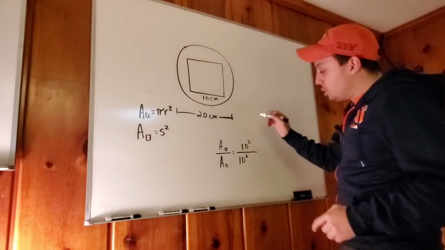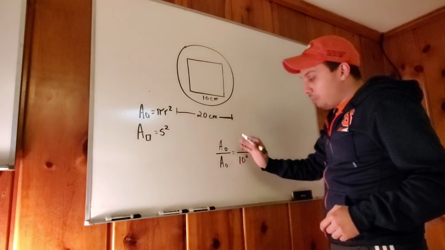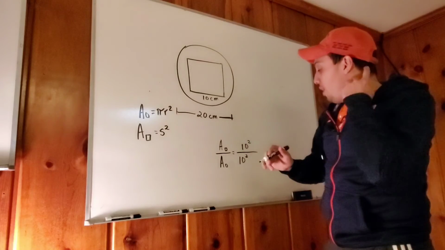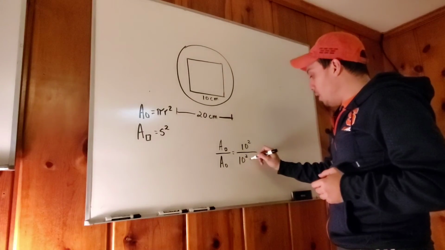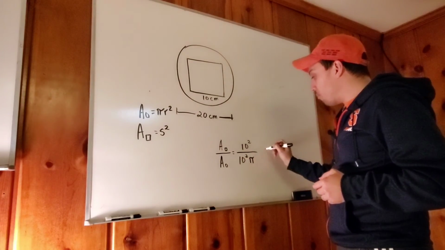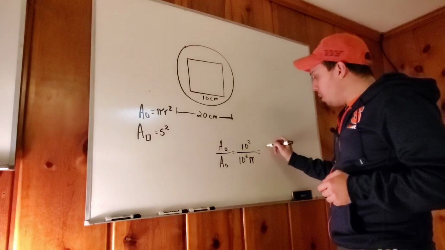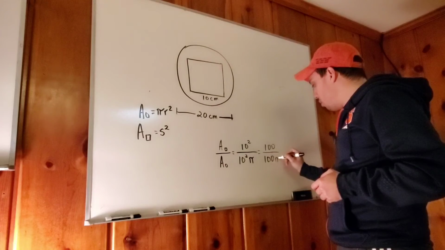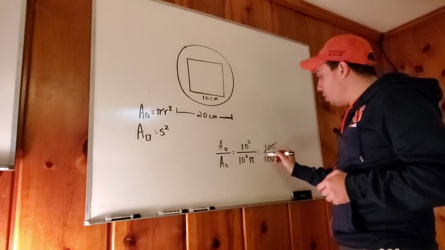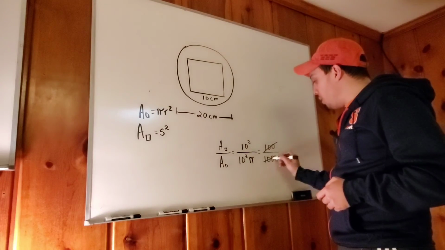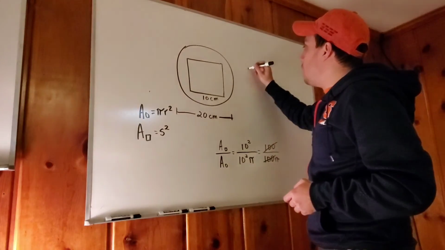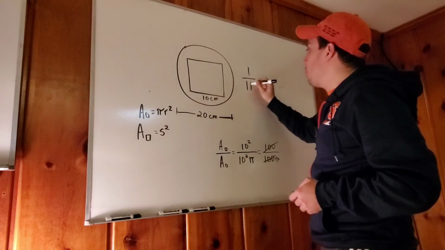It makes no sense. So again, because I make mistakes every day, the area of the circle is going to be 10 squared, and then we're going to multiply by pi. Yay, pi. So it's going to be 100 over 100 pi. Well, 100 and 100 are going to cancel each other out because they're both divisible by 100. And so my answer is going to be 1 over pi.